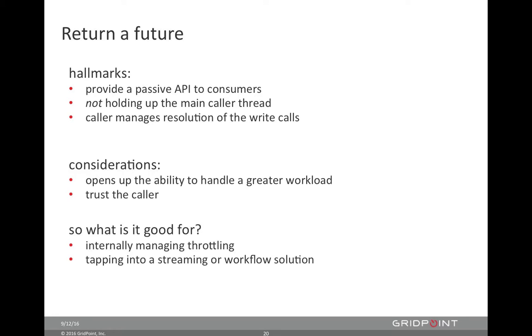Also, tapping into a streaming or workflow solution. What I mean by this is that the caller is being managed by some streaming system, and once the future is in the hands of the caller, it knows how to link it into the streaming system. If this works, the benefit is that all this can be accomplished without the Cassandra write component having any dependency on the streaming mechanism being used.